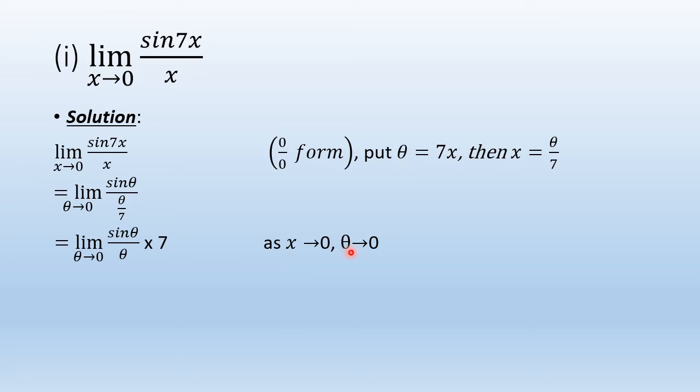So we put the limit when theta tends to 0. Now this 7 can be written here, and we can apply the limit on it. Limit when theta tends to 0, sine theta by theta, we can write this result equal to 1, and we get 1 into 7 equals 7, and that is the answer.